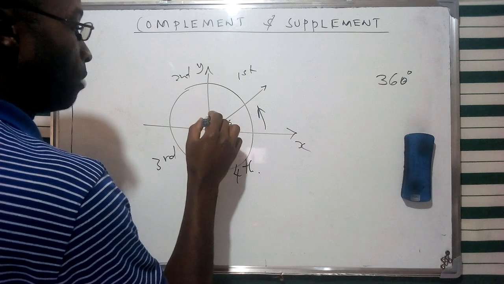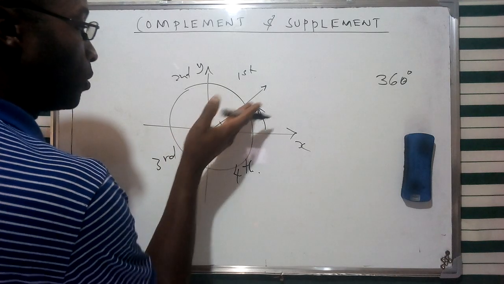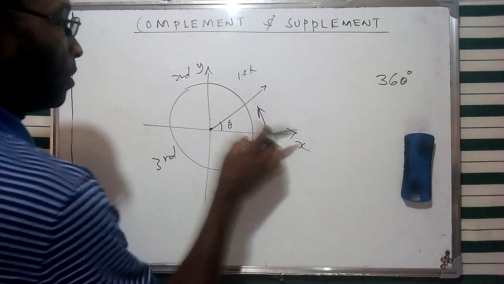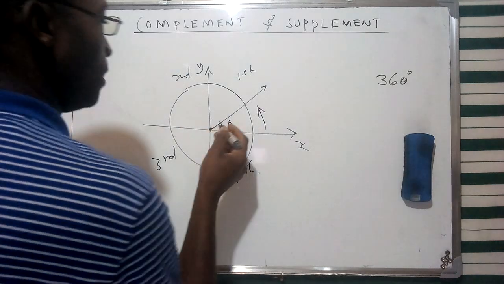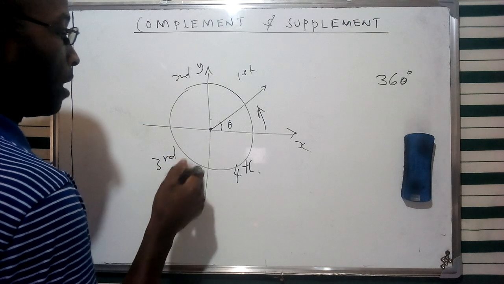If an angle makes up 90 degrees, then we refer to that as a right angle. So this terminal side is going to stretch to a point of 90 degrees from the x-axis, moving along the circumference for the angle measures.